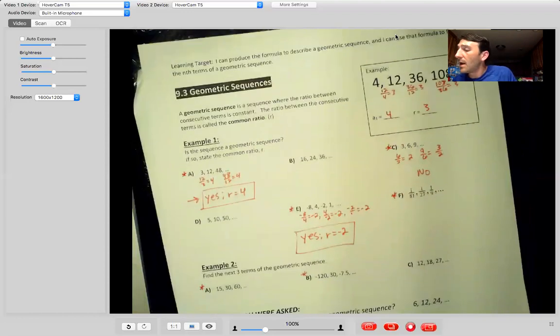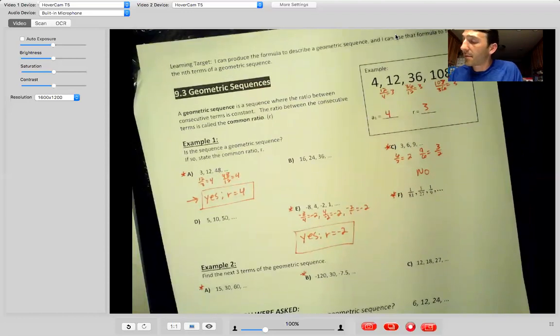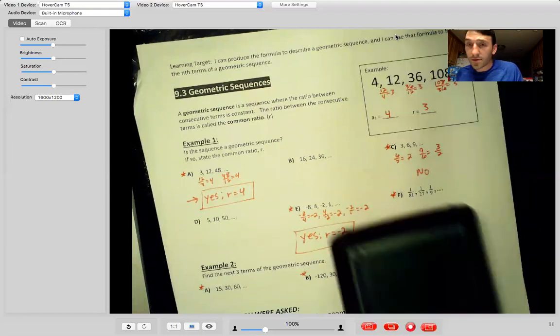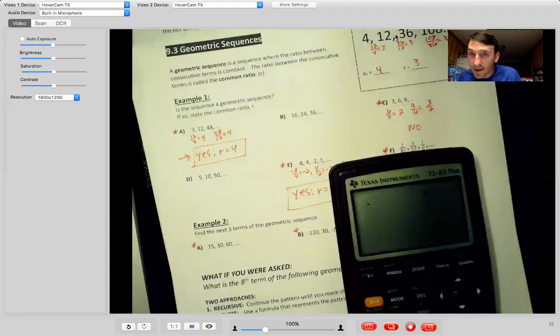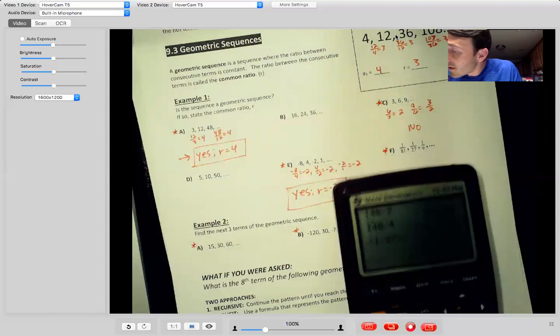Okay. Next one, a little bit trickier, but remember you can always use your calculator to go a little bit quicker there. So what would 1 over 27 divided by 1 over 81 be?